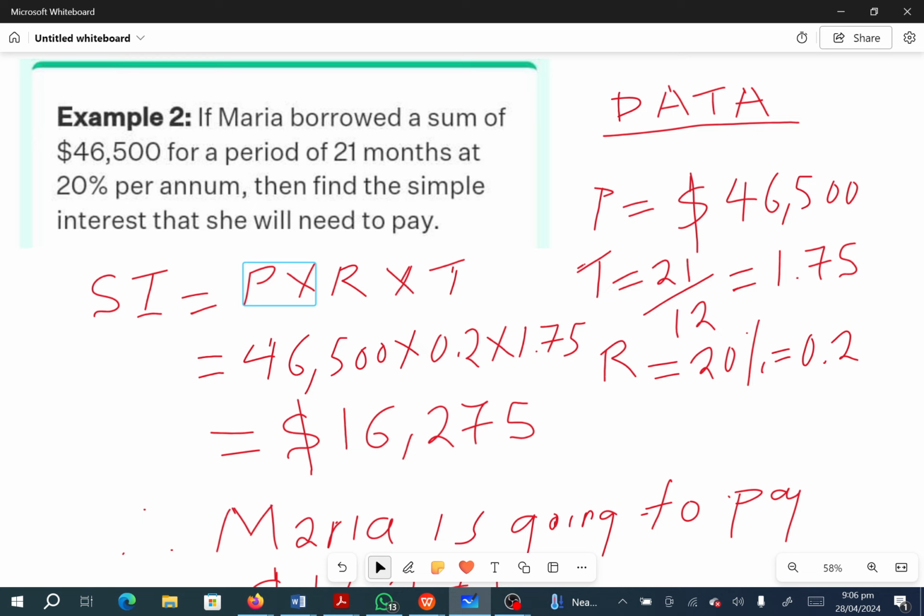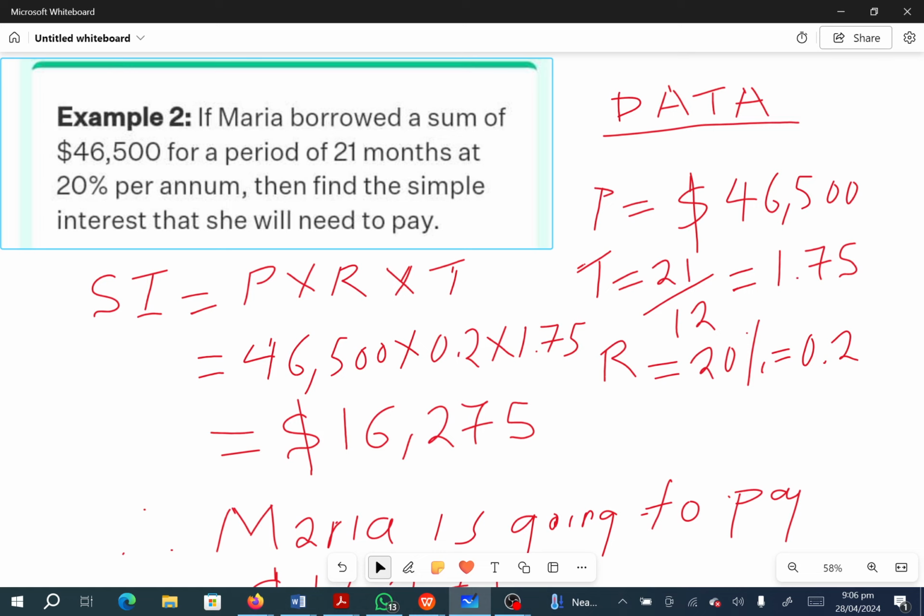Okay, are you able to see the screen? Okay, so let me just quickly run you through this question. The question is saying if Maria borrowed a sum of 46,500, this sum was the principal money which Maria was given.